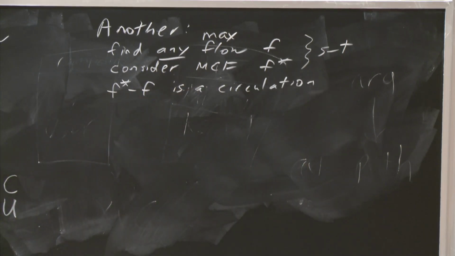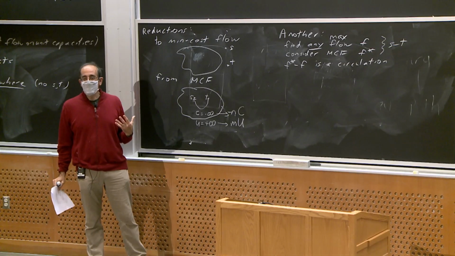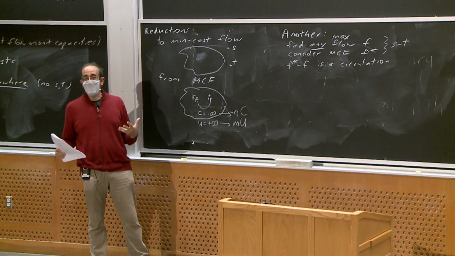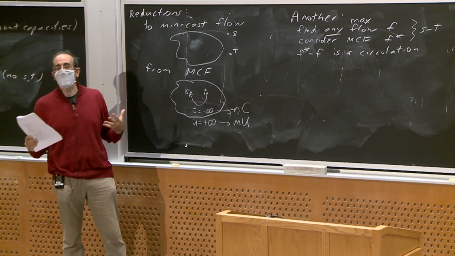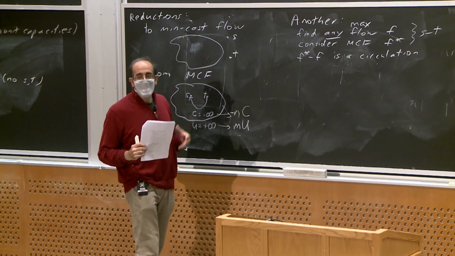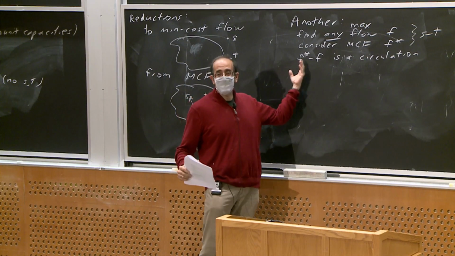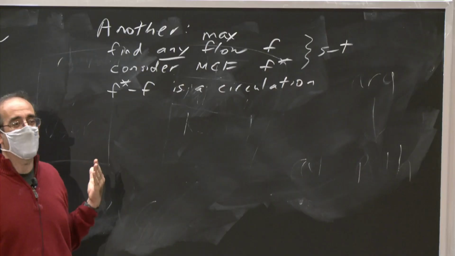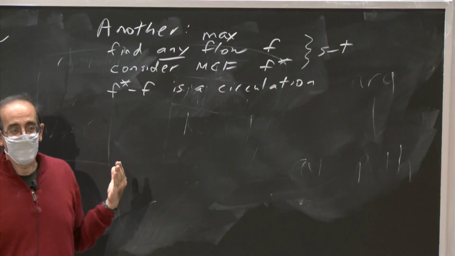Essentially, negating F is basically sending flow from T to S, sending a maximum flow in the reversed graph. And so what this is doing is sending as much flow as possible from S to T and then sending it back by a different route. Okay?